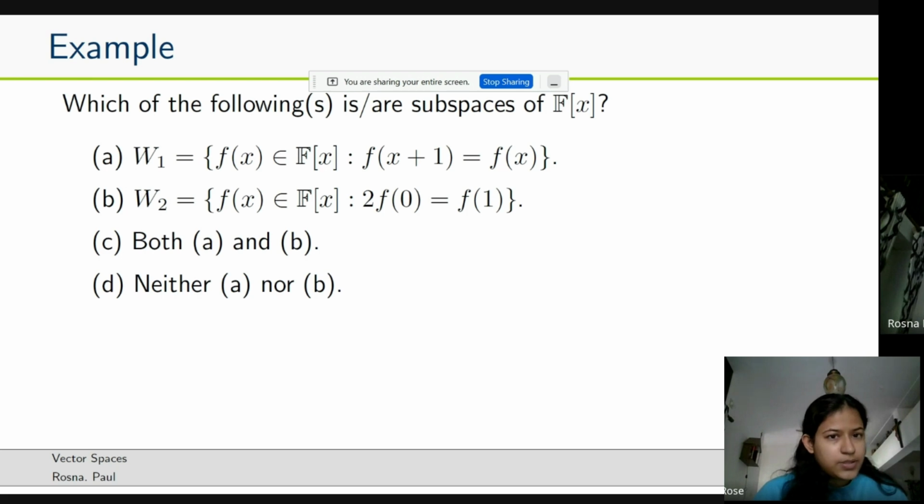What do you think about W1? Does somebody check what happens with W1, whether it is a subspace or not?